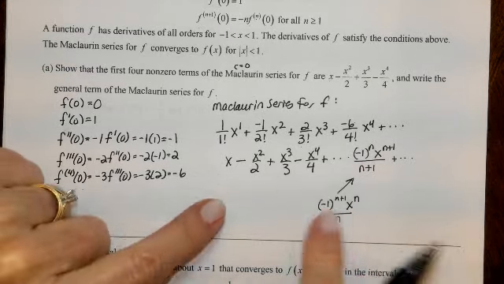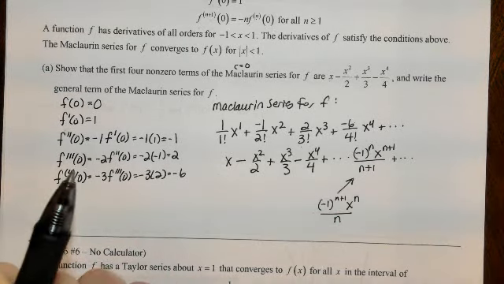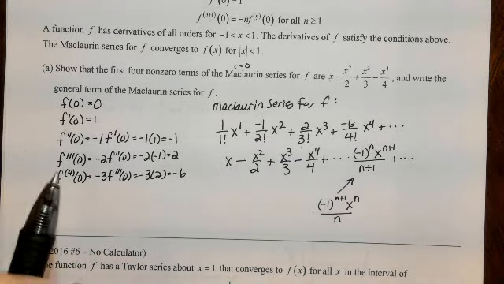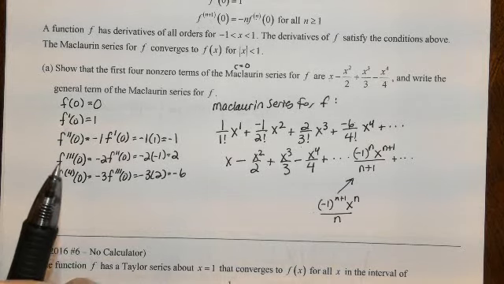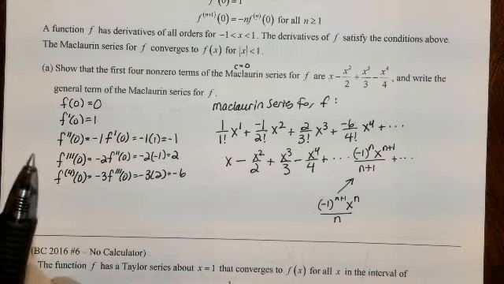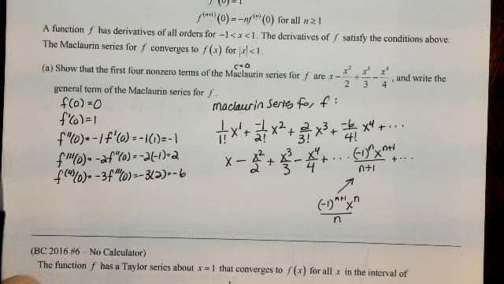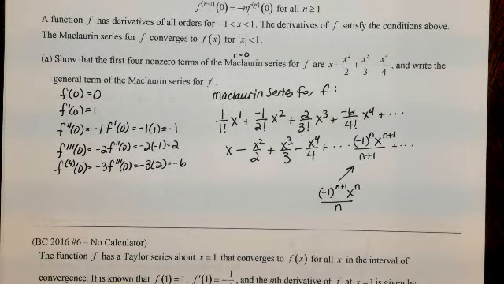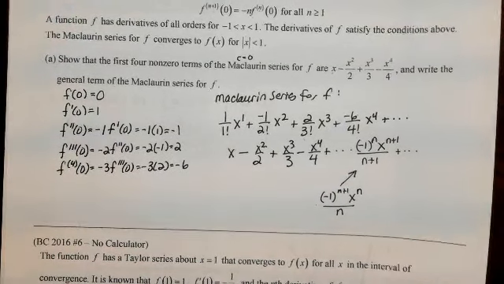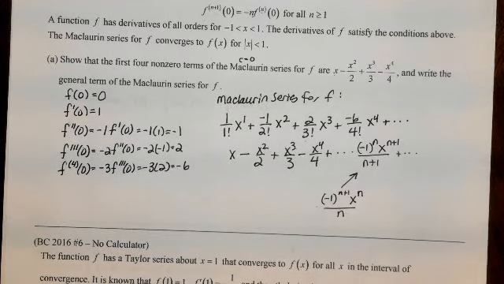Both of those would be correct for the general term. You could also start n at 2 if you want, but really stick to 0 or 1. They're the most logical here. And that's the Maclaurin series for that. That would be the right answer.